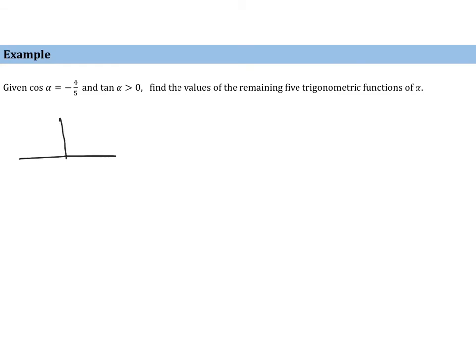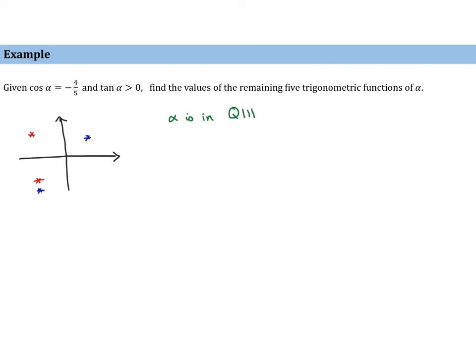Cosine of alpha is negative means that we're either in quadrants 2 or 3. But at the same time, we are told that tangent of alpha is positive. Tangent of alpha is positive in the first or third quadrants. So therefore, we know alpha must be in quadrant 3.